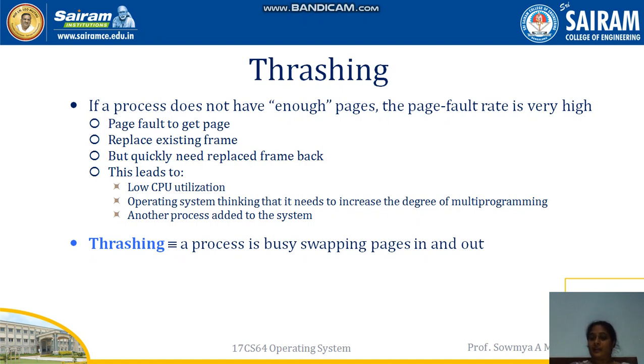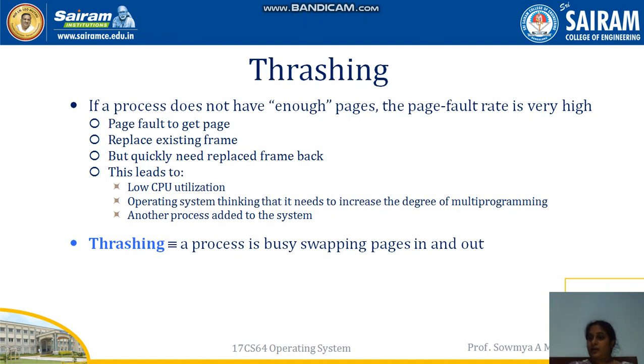But seeing the reduced CPU utilization, the operating system thinks there is a minimum number of processes, minimum multiprogramming happening in the CPU, and starts allocating new programs for execution.